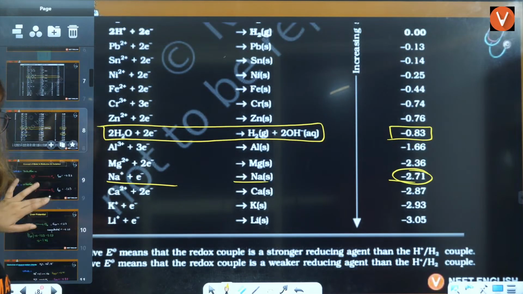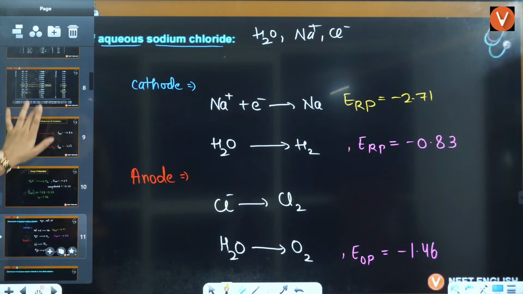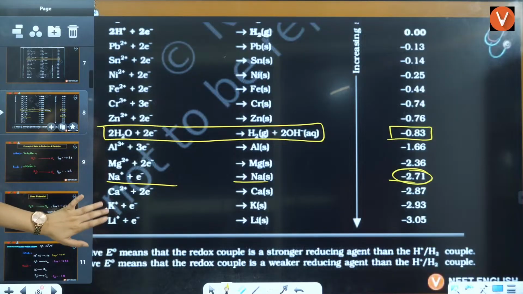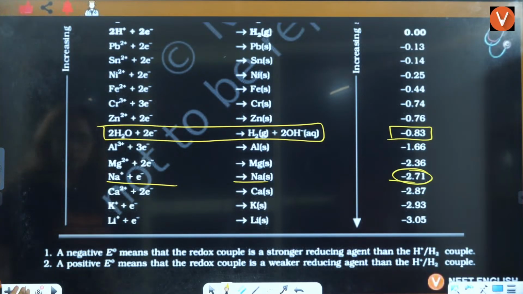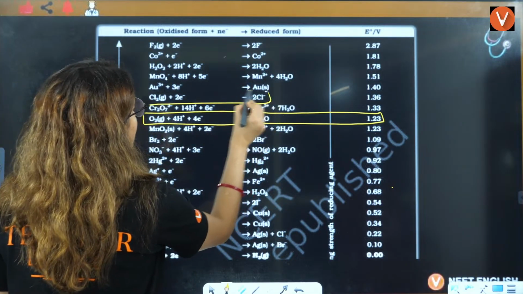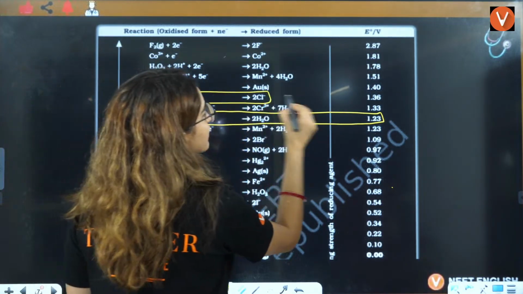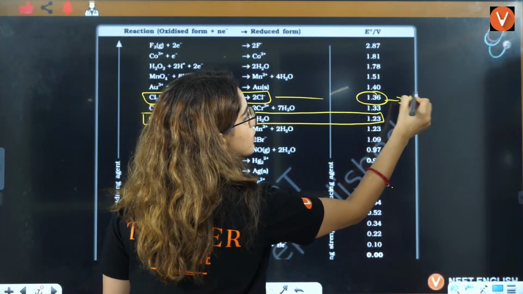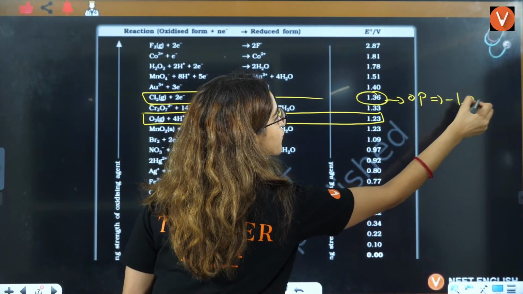Now if you see Cl, here they have told the reduction potential. The oxidation potential will be minus 1.36.